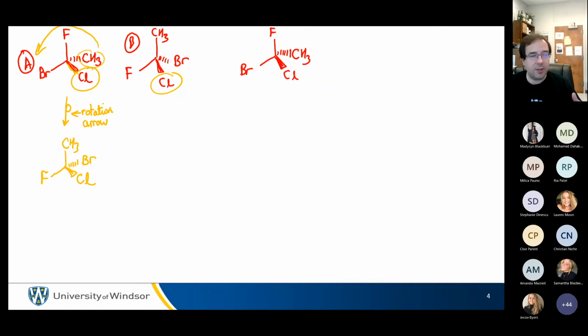Is it always counterclockwise, says Alyssa? Nope. I can rotate clockwise, I can rotate counterclockwise, whatever the hell this is. You can rotate however you like. It just needs to be a rotation. Can you explain it one more time? Yes. We'll do another example of that in the next example.